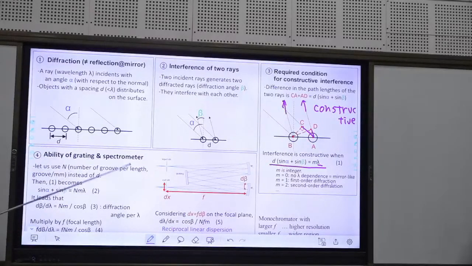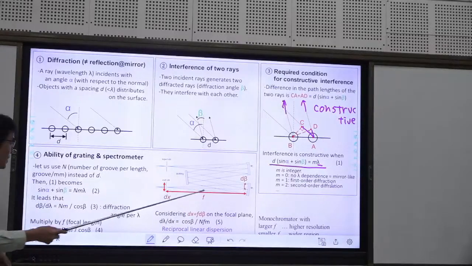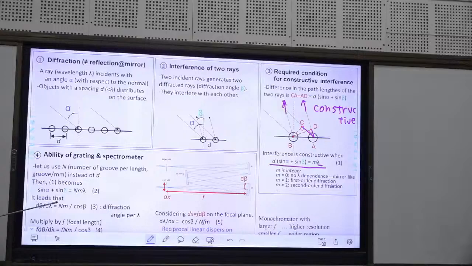And we move to the structure of the monochromator. Let us use n instead of d. So far we counted the distance between two tiny patterns by using the distance d.